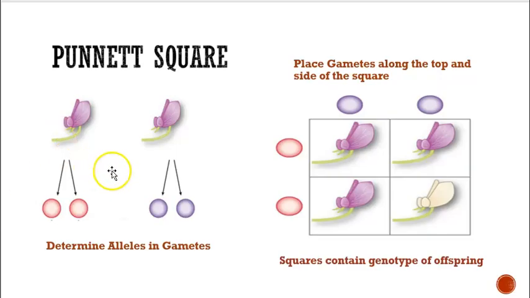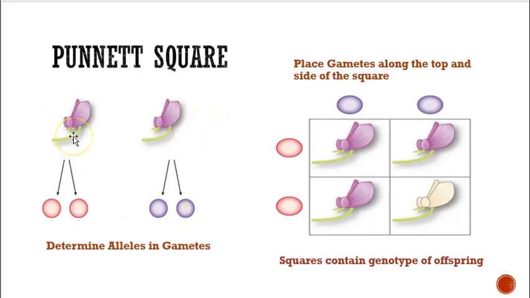So let's go back to Mendel and his garden peas. Okay, we can look at the combination of alleles from each parent and think about each parent going through the process of meiosis to make gametes, right? To make an egg cell or sperm cell. And this is true even though we're talking about plants.